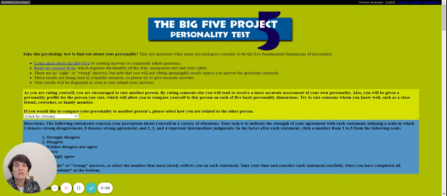The next chapter is chapter 12, and that's about social psychology. Social psychology is basically talking about how we fit into our world and how situations influence us. So one of the major theories about social psychology is called fundamental attribution error, and that just means our tendency to think that people do things the way they do because of their personality rather than the situation they're in.